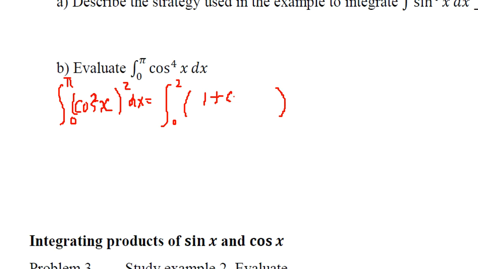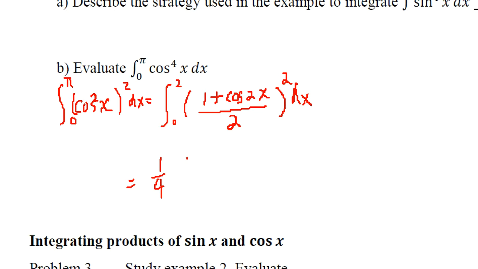If you can remember that, it will be 1 plus cosine 2x, over 2, and then there's a square here. The original angle is half of this angle. Then you continue to square it. By the way, this 2 is just a constant, so I'm going to bring it out.